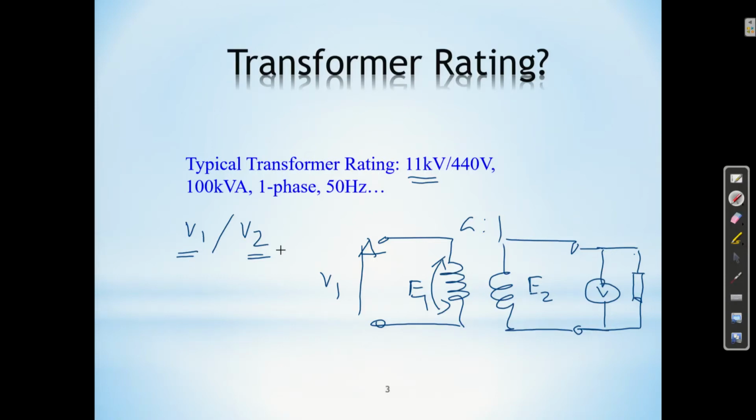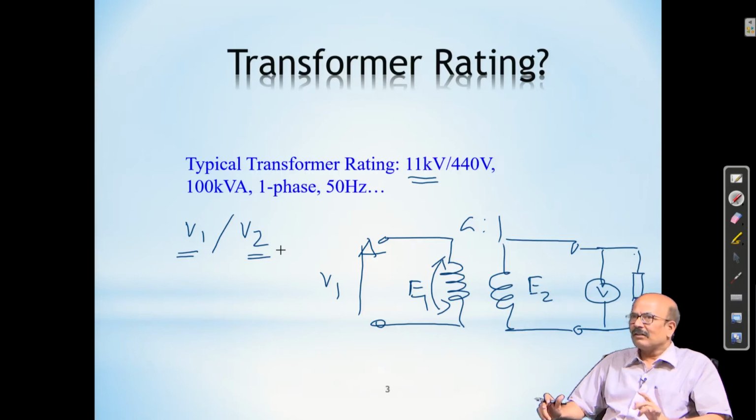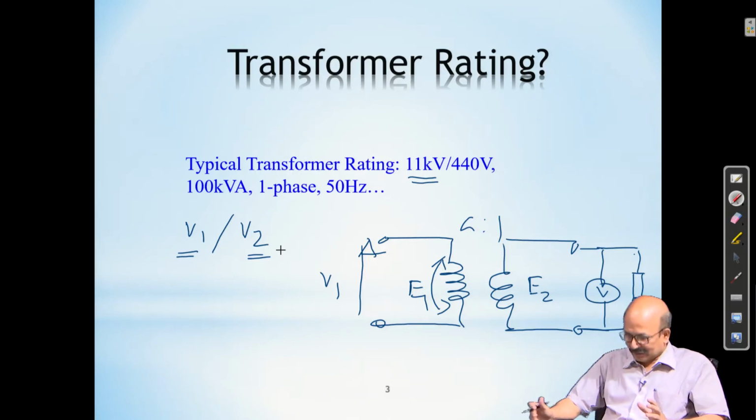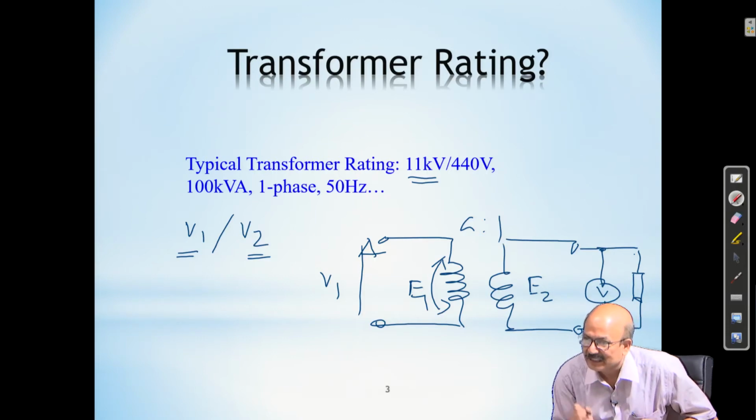For all calculations, in many books we will see that V1 and V2 are rated voltages, rated conditions. When you say V1 is 11 kV rated, we understand. V2, 440 volt. If you say V2 is rated, it all depends on the load and power factor, the terminal voltage. If you talk about this terminal voltage to be V2, it will actually change.